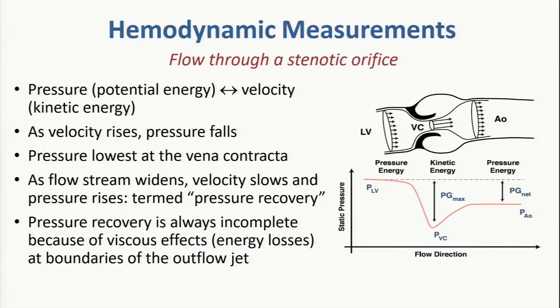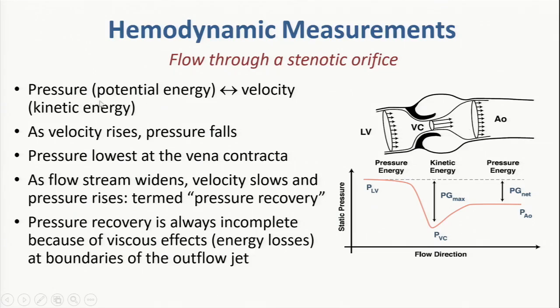So now let's look at that same concept in a little bit more detail with a slightly different diagram. Here we have a stenotic valve. This is a left ventricle, blood flow going through the valve and going into the aorta. In this diagram, we have pressure, and here we have the different locations as we make our way out across the LV into the aorta.